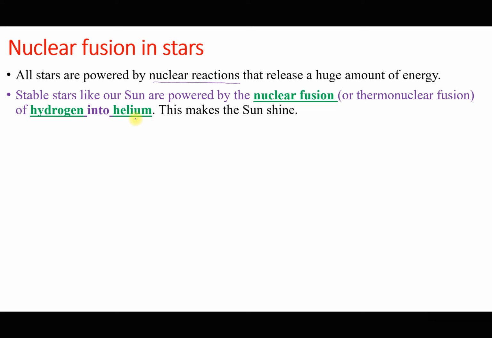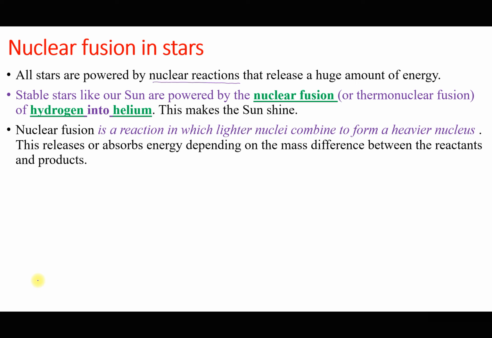So it is nuclear fusion that is responsible for the energy of our sun. What is nuclear fusion? Nuclear fusion, a concept mentioned in nuclear physics, is a reaction in which lighter nuclei, which in this case are going to be hydrogen, combine to form a heavier nucleus, which in this case is going to be helium.